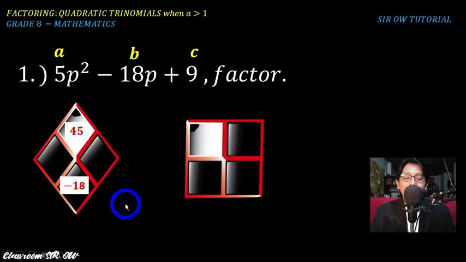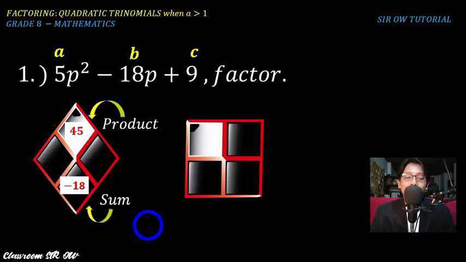Now, the next step is we will look for two integers or factors whose product is positive 45 and whose sum is negative 18. And of course, these two integers are negative 15 and negative 3. Because negative 15 times negative 3 is actually positive 45, using the laws of the integers.